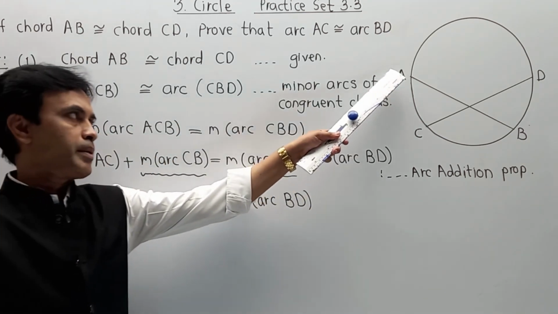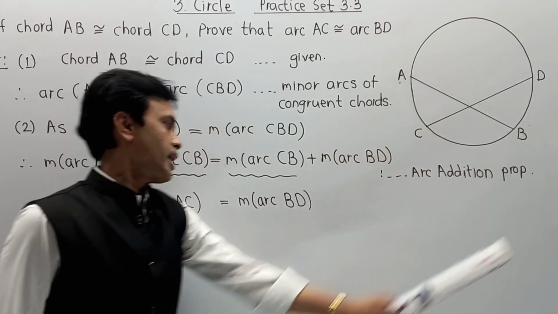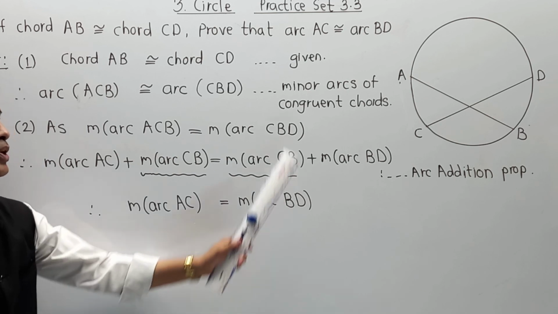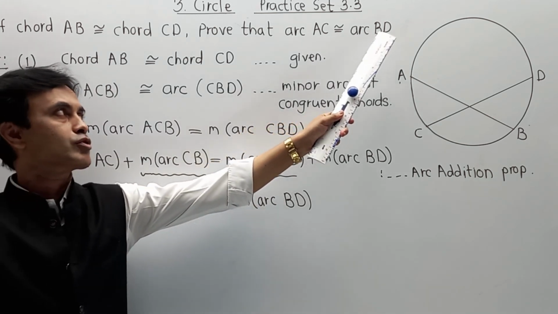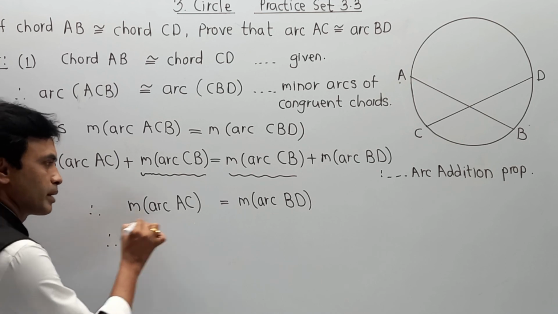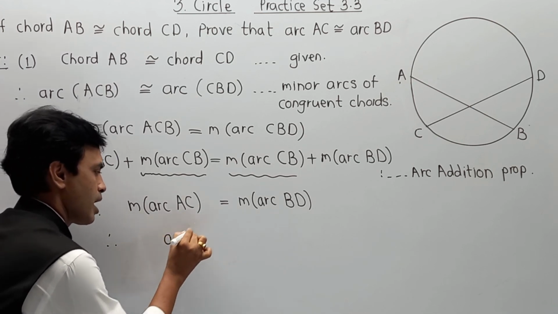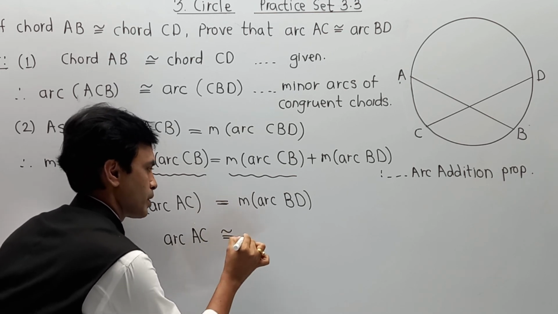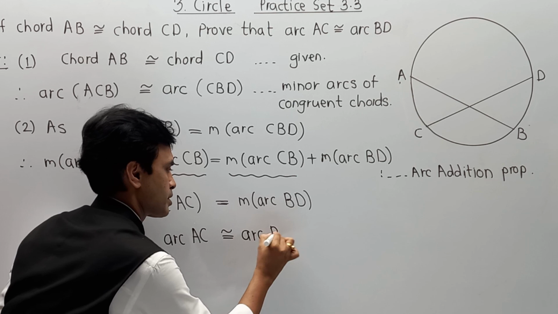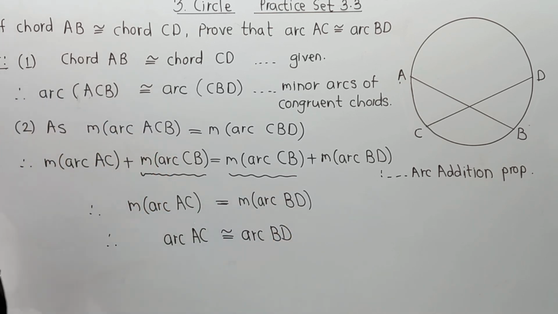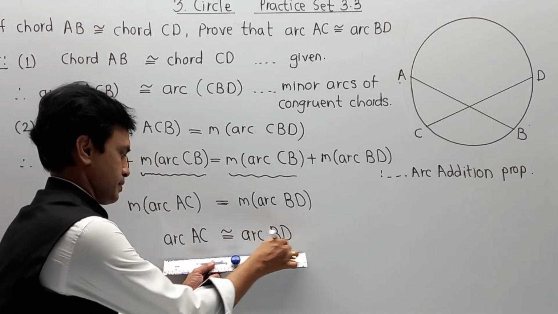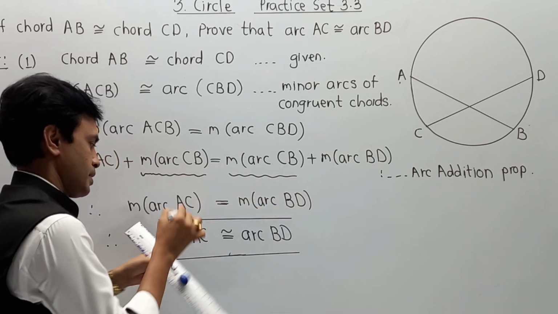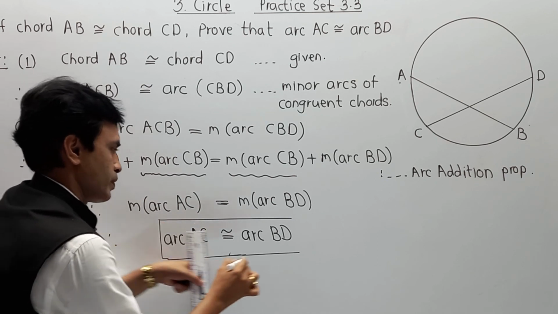Now you are able to get major arc AC is equal to major arc BD, and that is the part we had to prove. Therefore, arc AC is congruent to arc BD, and in this way you can prove it. And this is your required proof.